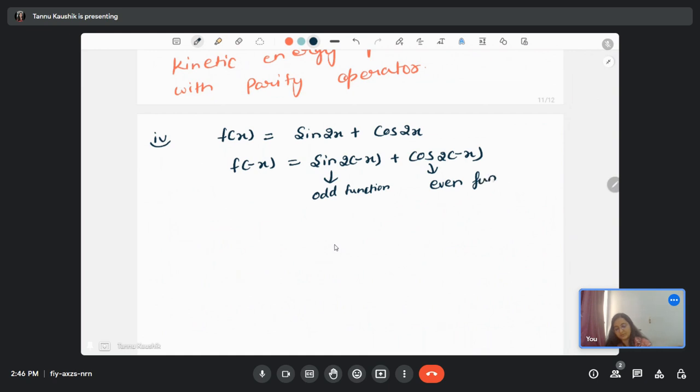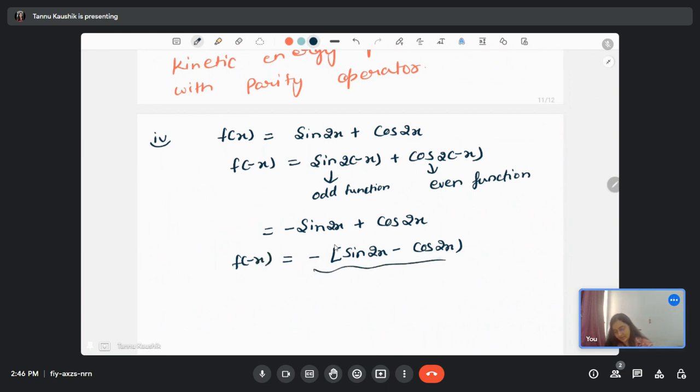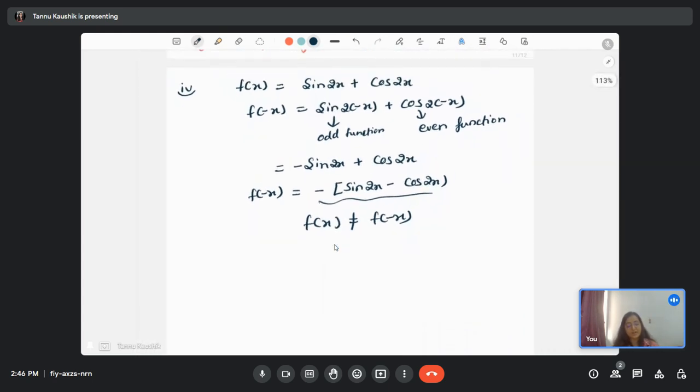As we know that sine function is an odd function and cosine function is an even function. So what we will get, minus sine 2x plus cos 2x. So here when we take this minus sign out, what will we get? This f of minus x is equal to this.